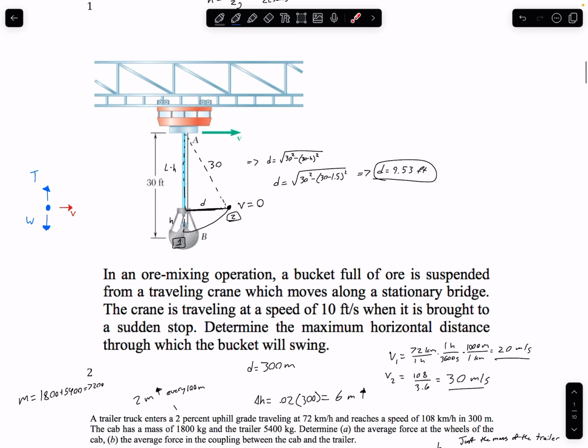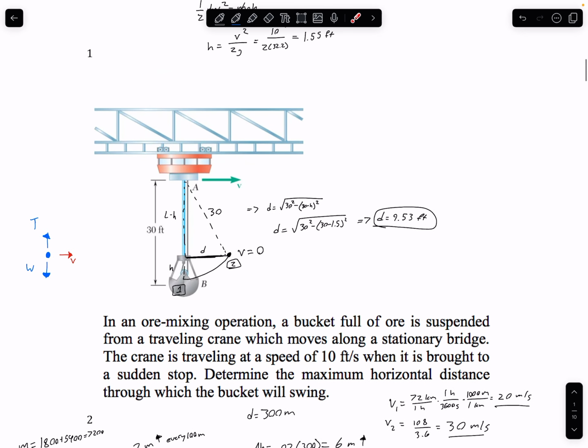So problem number 1, we have an oar mixing operation. We have an oar, or piece of something, hanging by a rope, moving this far, and it's all moving as one whole system that way until it stops up here, and the oar will swing a certain length away, but it will go up a certain height.